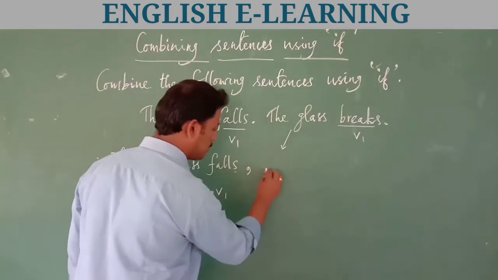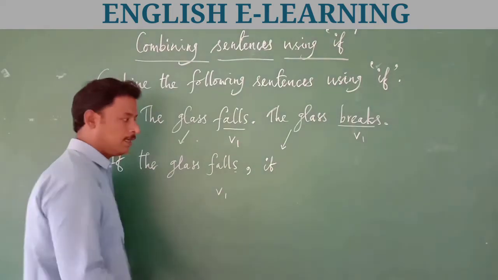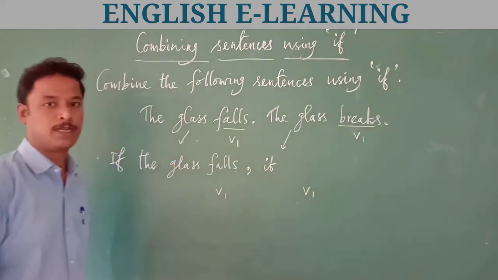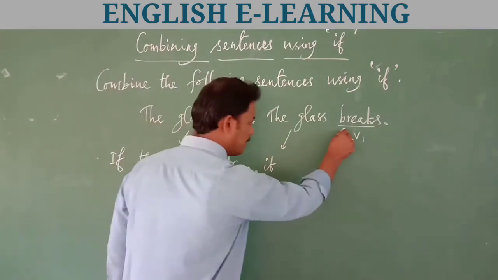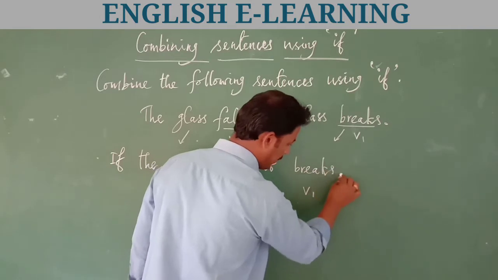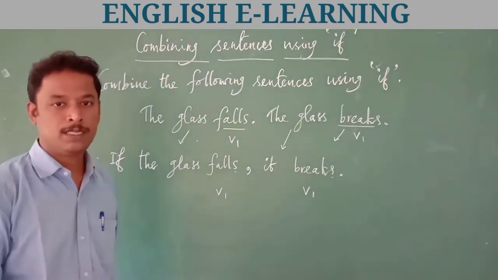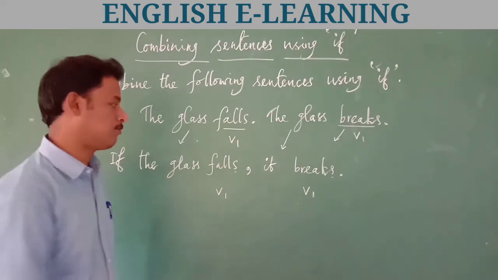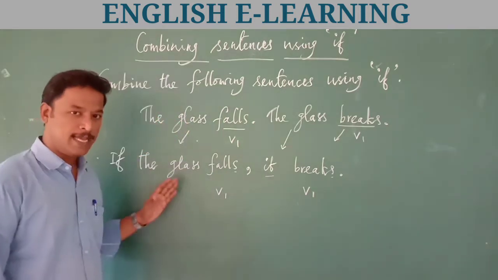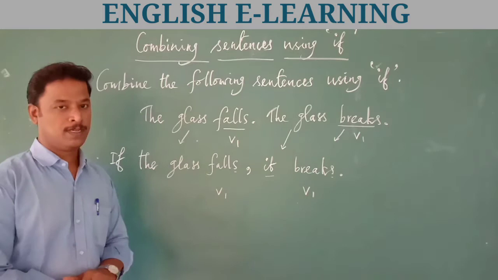The pronoun of this subject is it. Then we have to use the same tense form, that is present simple only. So, bring the same verb here. It breaks. Again, the verb should be in simple present and in singular form because the subject is singular. So the answer is, if the glass falls, it breaks.